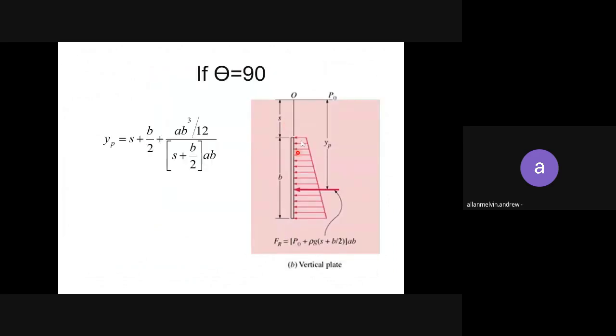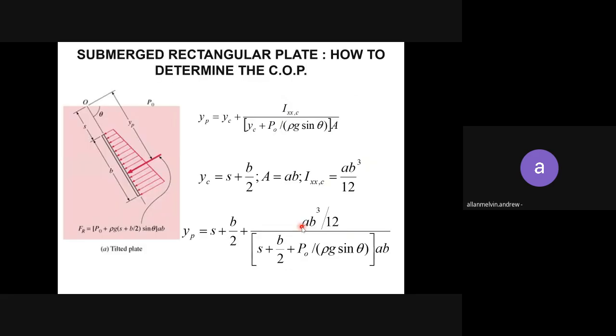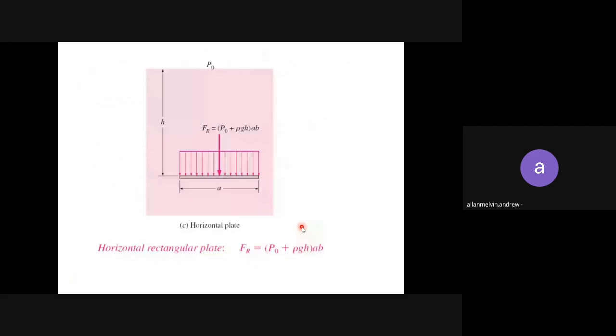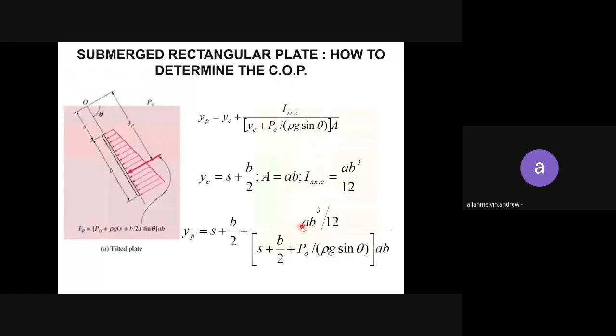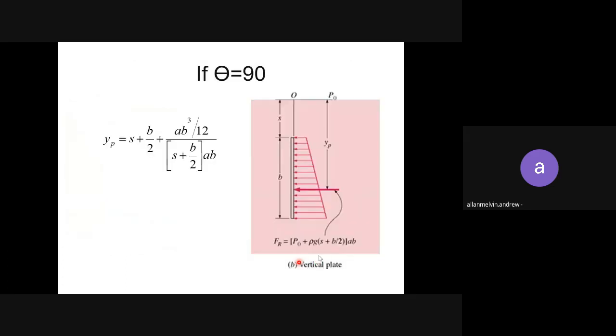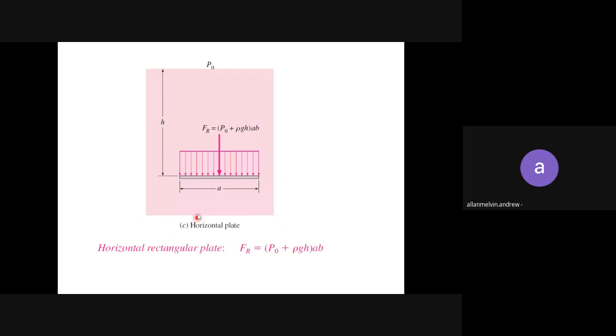If vertical, you take this formula. If at an angle, this is the formula for the angle. Tilted plate, this is vertical plate, and this is horizontal plate. In our situation, the car is horizontal, so you just take this.